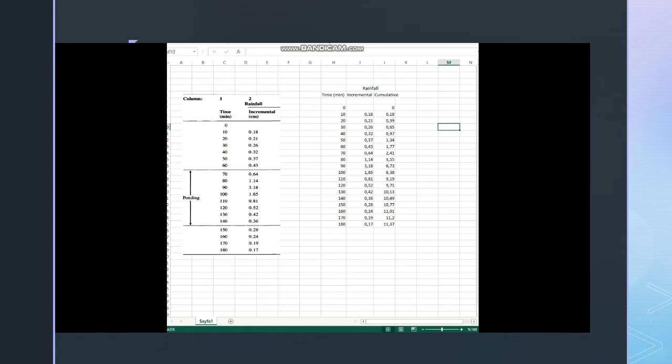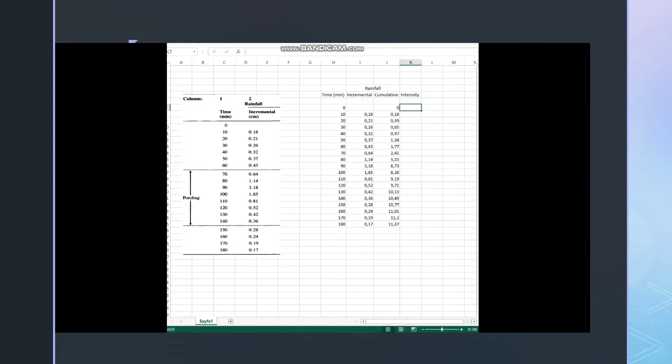For the cumulative rainfall, we found it, and we are going to find the intensity of the rain, which is in centimeters per hour.